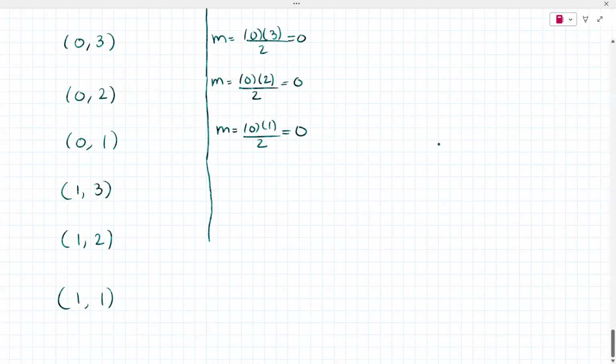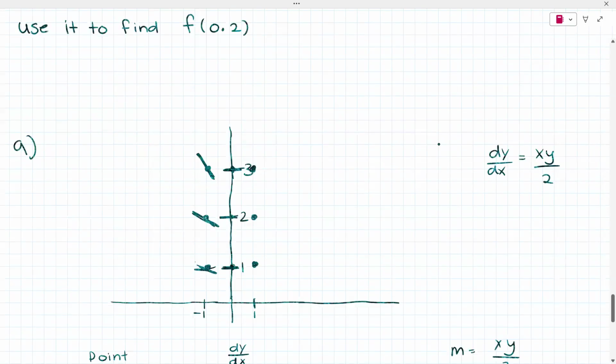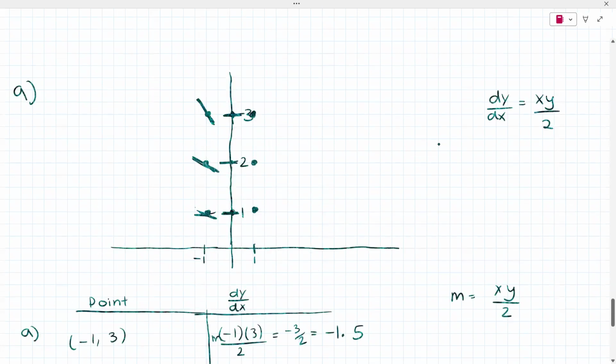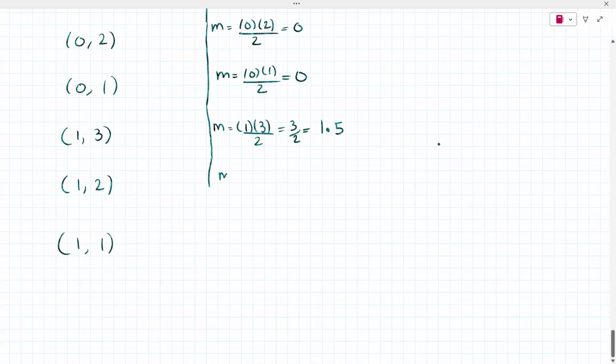Okay, let's move on to 1, 3. My x is 1, my y is 3, and then all over 2. That's 3 halves, which is 1.5. So at the point 1, 3, it is positive 1.5, so it's going to go like this. It's exactly like the -1, 3 point but in the positive direction. What about the next point, 1, 2?